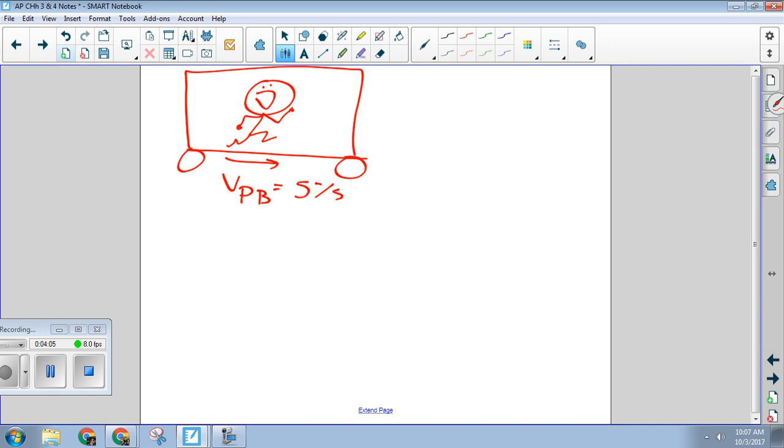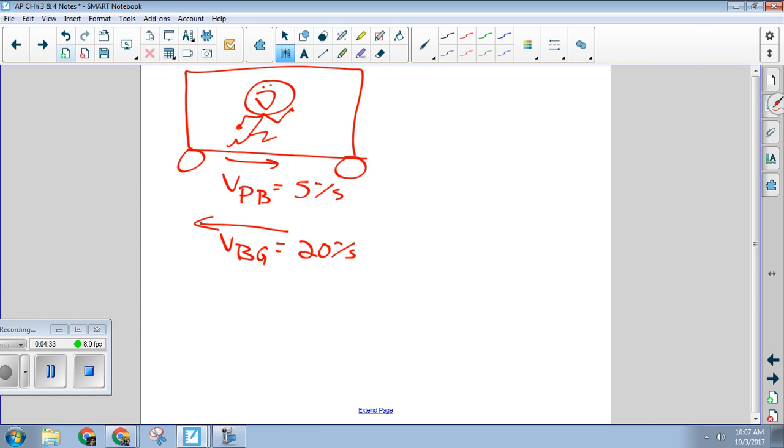But the bus is going this way relative to the ground at, let's say, 20 meters a second. So the bus is driving this way at 20 meters a second, but the person's running towards the other end of the bus. So the two velocities are kind of working against each other. Does this make sense?